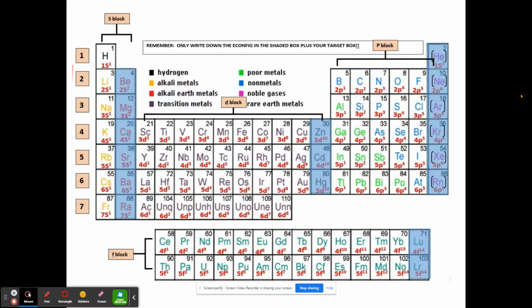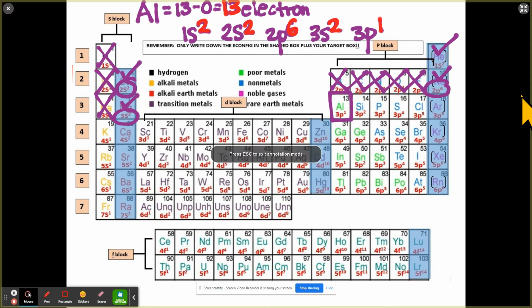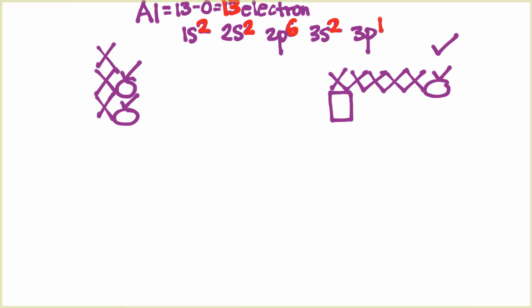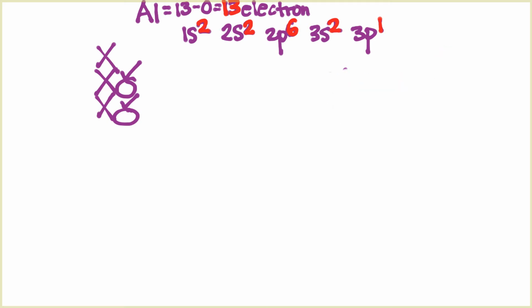The question now that a lot of people have is this: why do we do this? Well, again, guys, the electron configuration tells us how we distribute the electrons outside the nucleus. So how can we tell from this electron configuration how the electrons are distributed outside the nucleus?